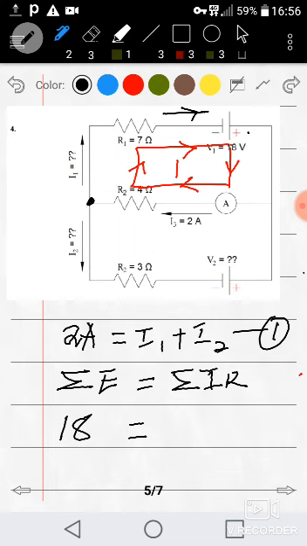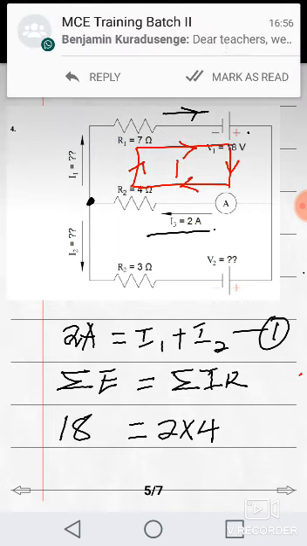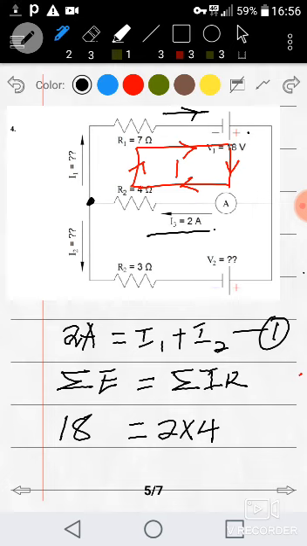So when you look at this here, R2 or 4 ohms, the current is 2 amperes, I3. So we should have 2A times 4 ohms. And since the current is flowing towards the left, and the loop is towards the left, both are in the same direction.